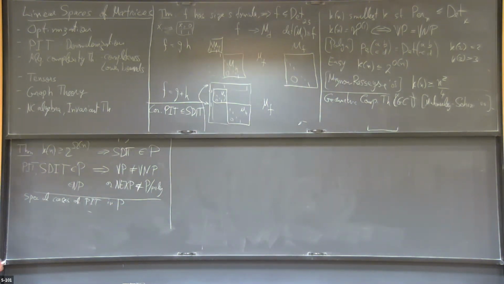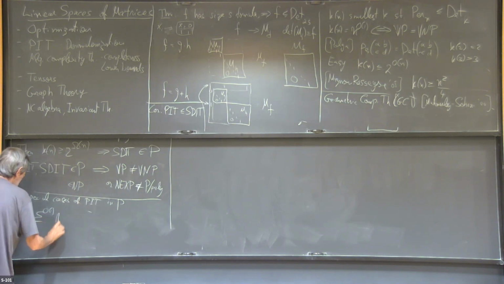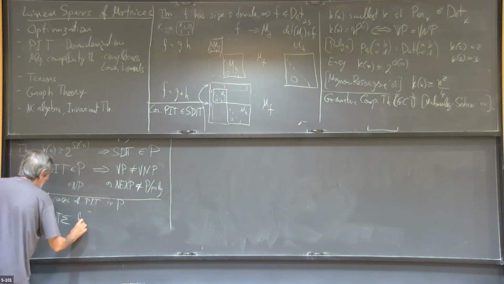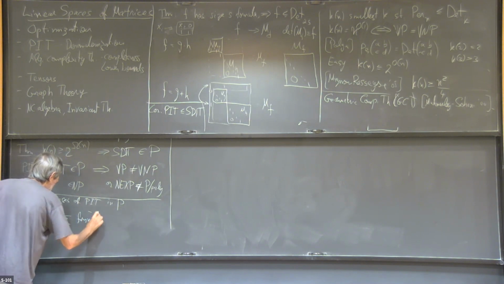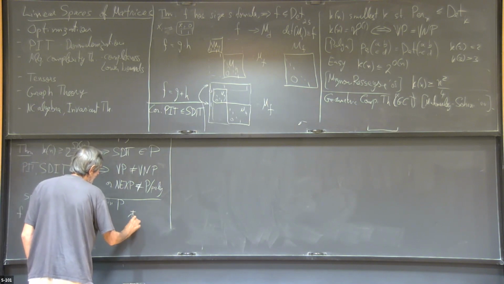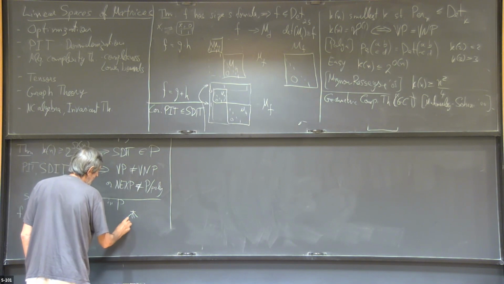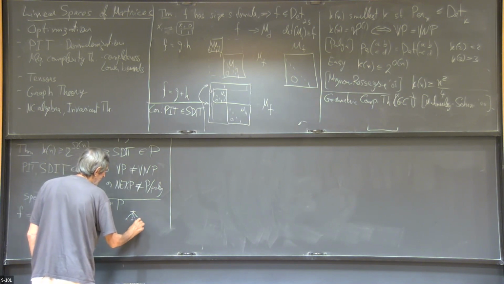It's not clear what to learn from this, but one is when f is of the following form: a formula, namely a plus of a constant number of gates, and here you have multiplication gates.